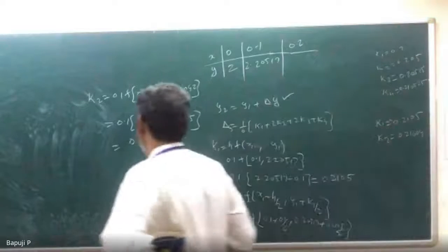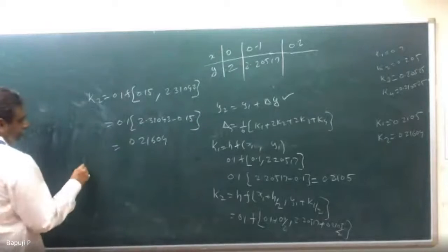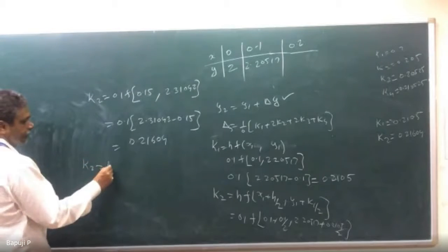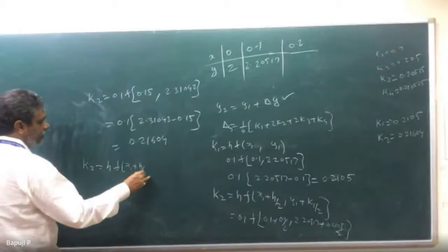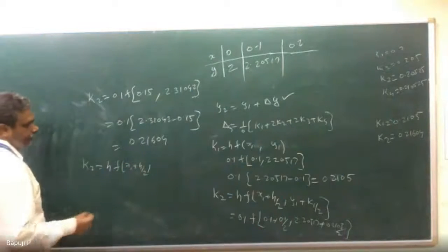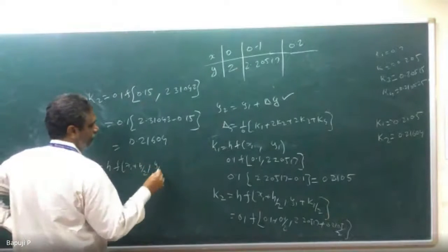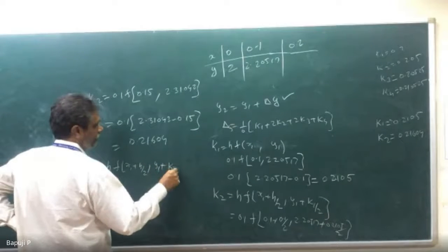Again K3. H into f of x1 plus h by 2, y1 plus k2 by 2.